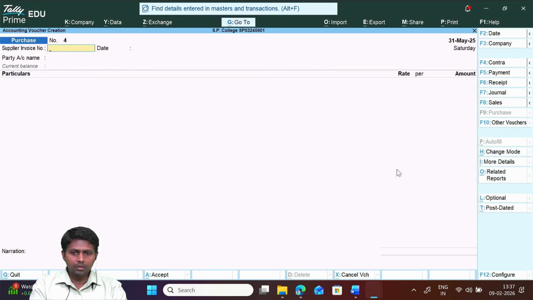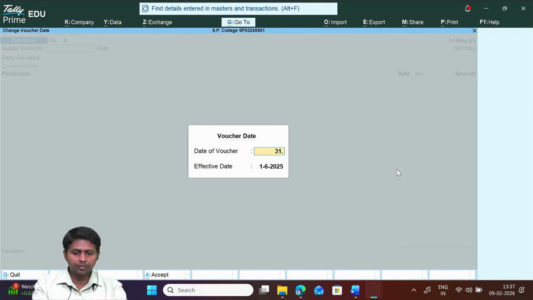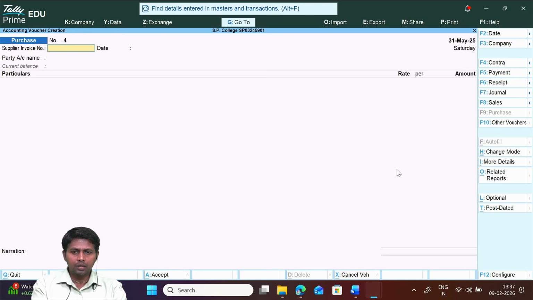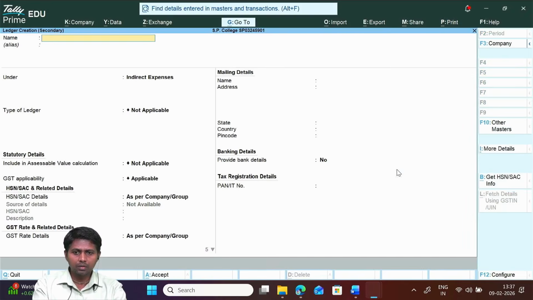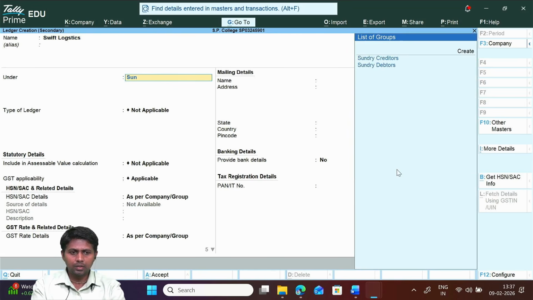Then do I have an invoice number? No invoice number. Again bill date 31st May. Now here Swift Logistic, under sundry creditors, enter. Then say is TDS deductible, say yes.